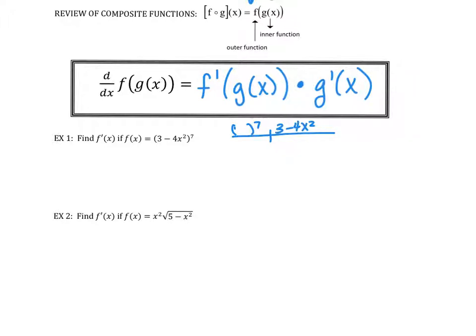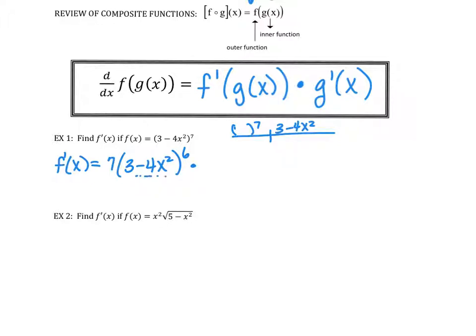If it's a power rule, again, I'm a wordy girl. So again, I would say, oh, it's power rule. So every time I do power rule, I just think to myself, power to the front, decrease the power by 1, but I can't stop my thought there, times the inner derivative.